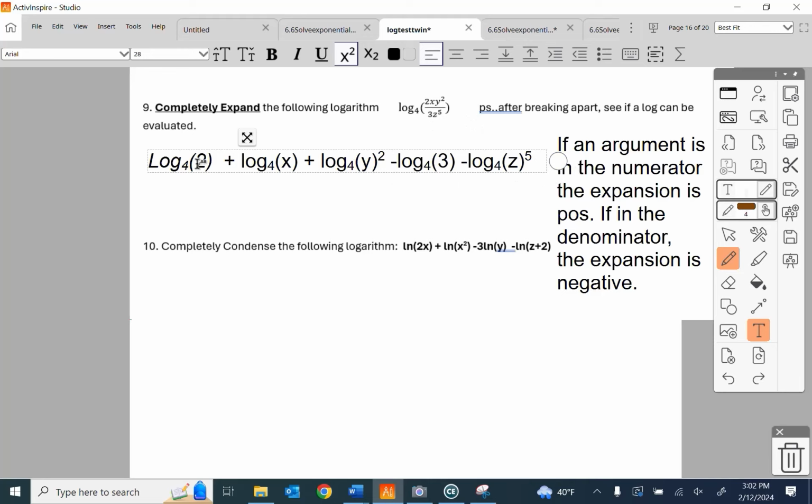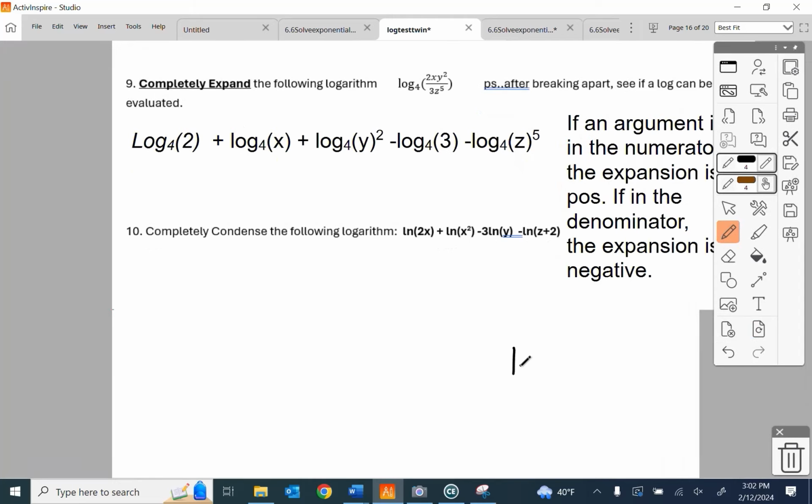Now, I know that this one is special. Let me switch over to pencil. Log 4 of 2 says what power of 4 equals 2? And the answer to that is a half. I know that the square root of 4 is 2.